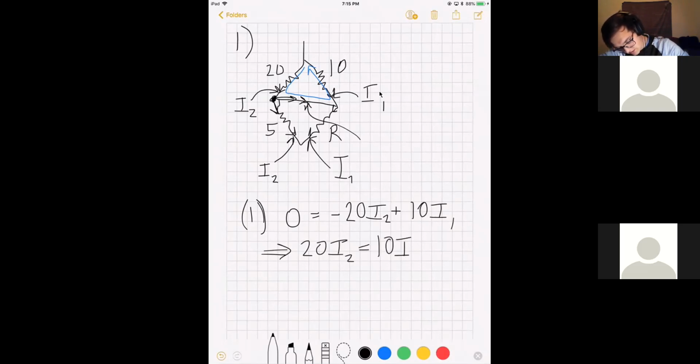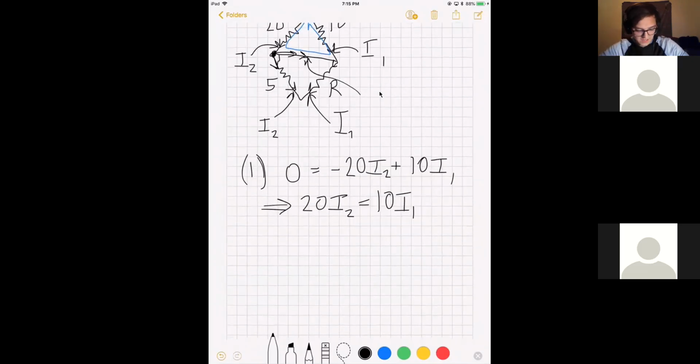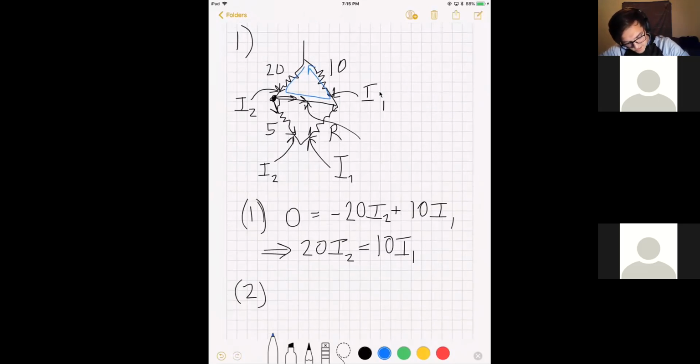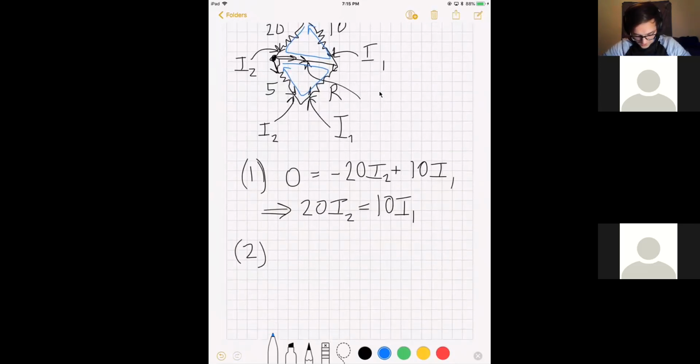You may want to divide over some factors, and you could totally do that, but it ends up being nicer otherwise. Now we're going to do a second loop to solve this. Like I said, there are 3 different loops you could have drawn here, I think, but these are the 2 that are most straightforward. It takes some practice getting used to looking at a circuit and knowing which loops to use.